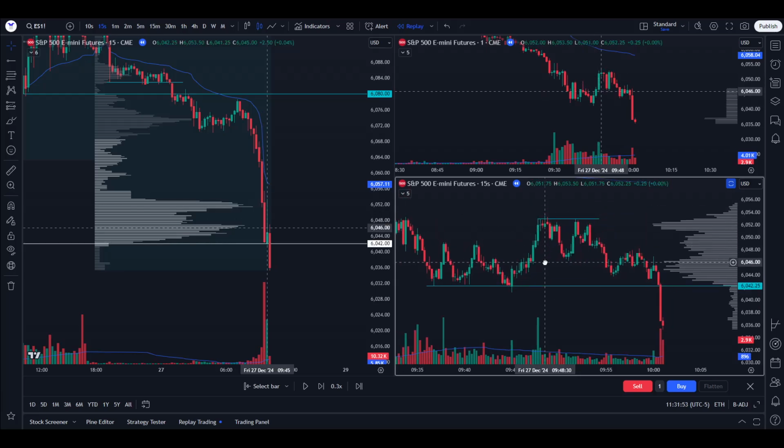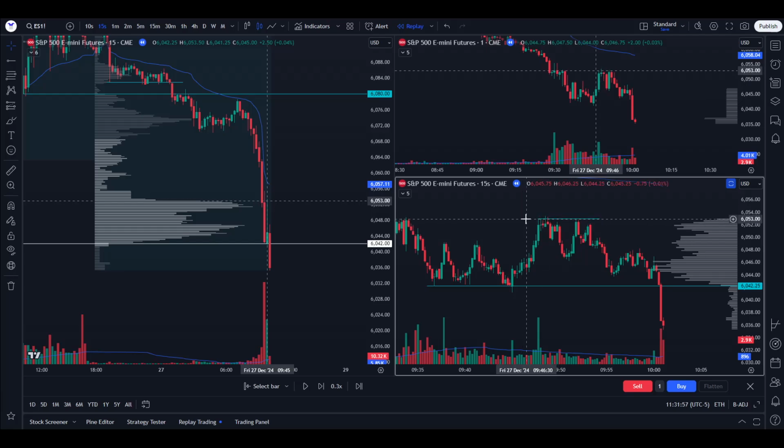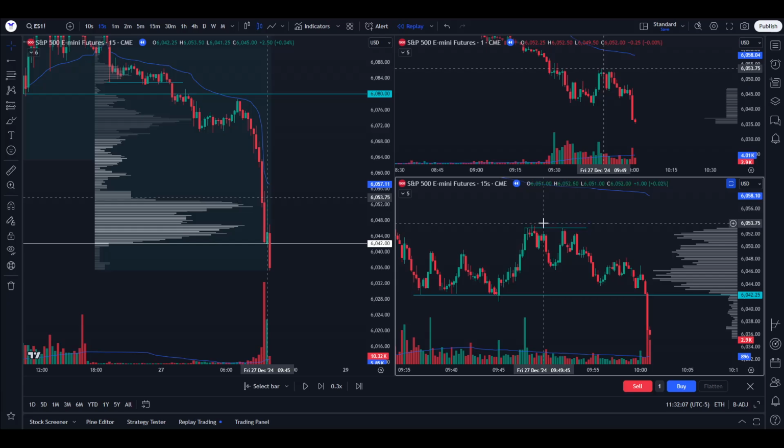That's true, but we always have to manage expectations and what the opposing side is doing. The opposing side in this case is telling us, we're not letting this thing go higher. The big sellers weren't pulling their offers.